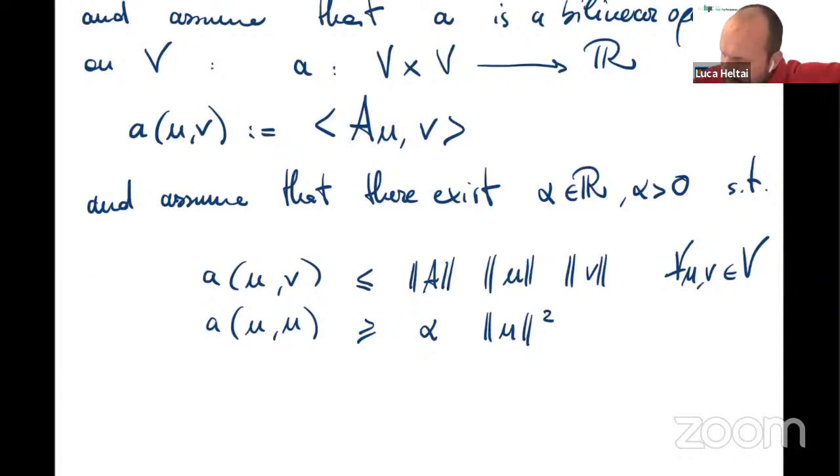So this is boundedness, and this is coercivity.